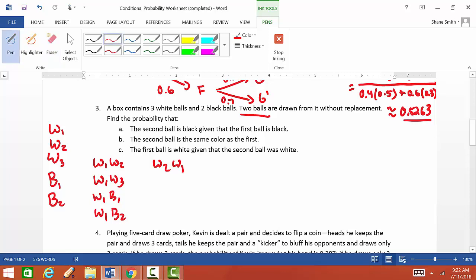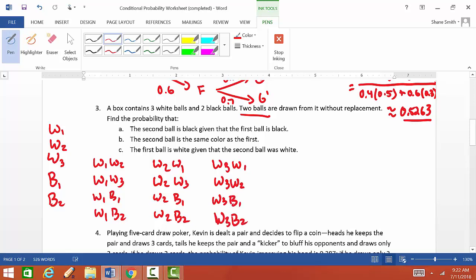You take the second white one and then the first white one, whereas this one we draw the first white one first. So they are different. So white 2, white 3; white 2, black 1; white 2, black 2; white 3, white 1; white 3, white 2; white 3, black 1; white 3, black 2.